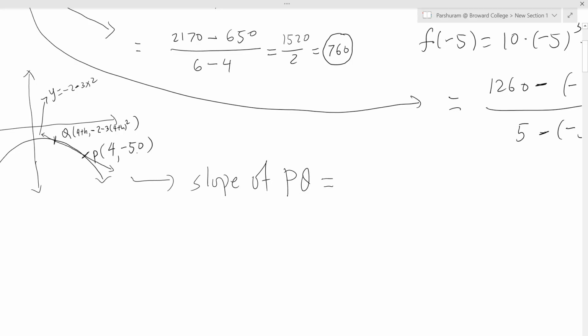So you can see that the y coordinate for the point P is -50 minus the y coordinate for the point Q, which is -3 times (4 plus h) squared. Let me use the bracket here, over the difference between the x coordinate, which is 4 minus (4 plus h).